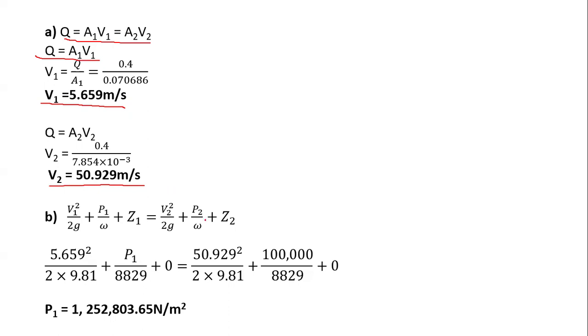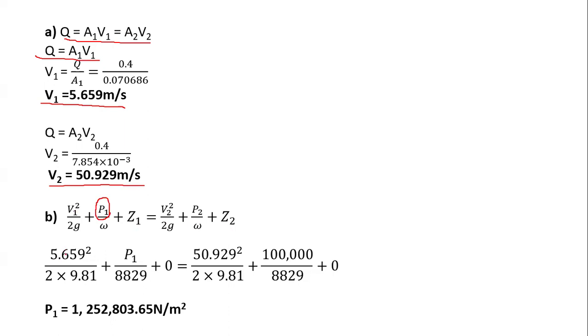Now, the question was asking us to find the pressure in the larger section, referring to P1. So again, we write Bernoulli's equation in full: V1 squared over 2g plus P1 over omega plus Z1 equals V2 squared over 2g plus P2 over omega plus Z2. Let's do the substitution.